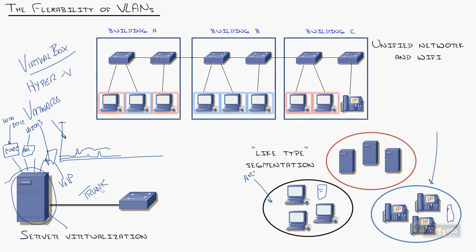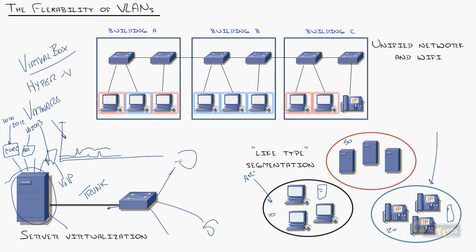We set it up as a trunk. So remember, what does a trunk do? Carry all VLANs. So let's say accounting is VLAN 10, voice is VLAN 20, and these servers, whatever they are, are VLAN 50. So this switch can actually send all the VLAN traffic, the accounting department, the voice phones, and everything like that.